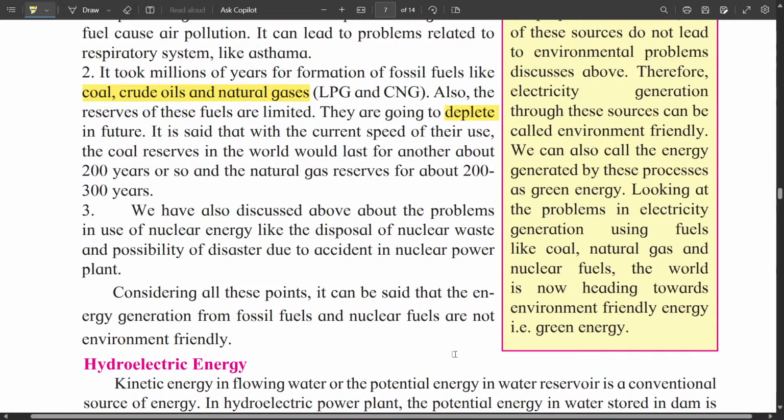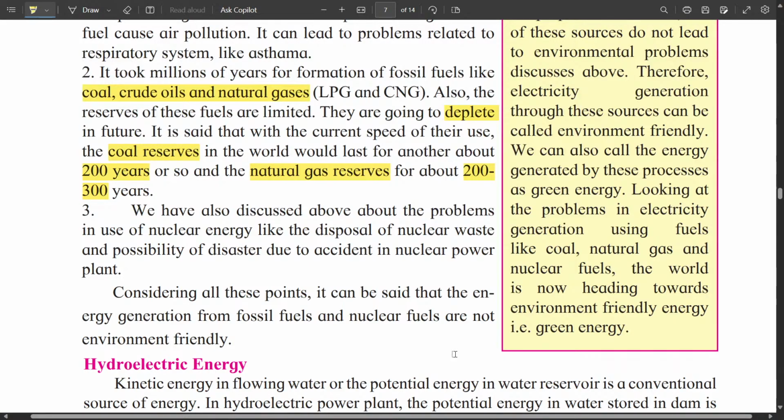At the rate at which we are using these fuels, coal reserves in the world will last only for the next 200 years and natural gas reserves will last for about 200 to 300 years. We also discussed the problems in use of nuclear energy like the disposal of nuclear waste and possibility of disaster due to accidents in nuclear power plant.